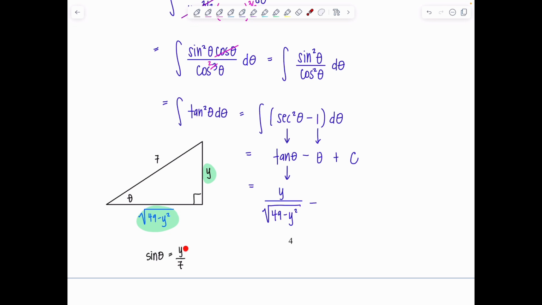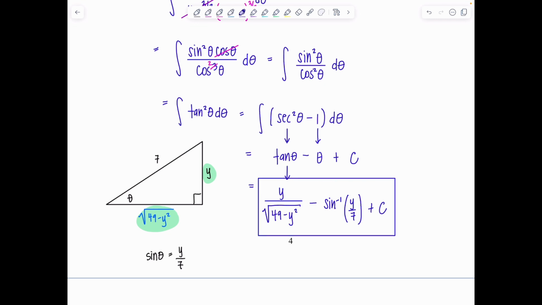But I just say go with the one, and it's not just me, conventionally, you go with the one that you used for the substitution. So I would say theta is sine inverse of y over 7 here, and then plus c. And we're done. And nobody rationalizes this denominator.